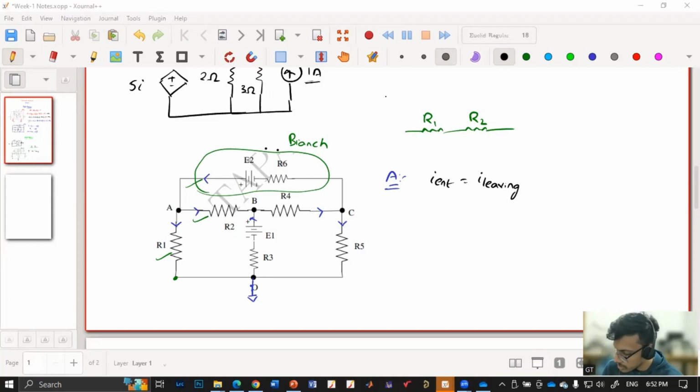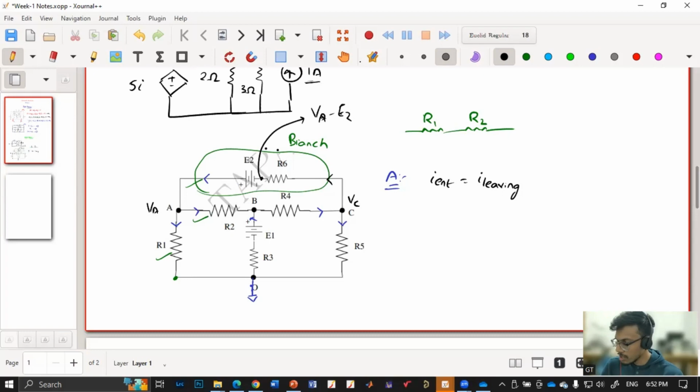Yeah. So say this is my voltage VA. This point, what is my voltage? It will be VA minus E2. Right. Say I have assumed the current is flowing like this, and this terminal is VC. So the two terminals of R6 are one is VA minus E2 and one is VC.